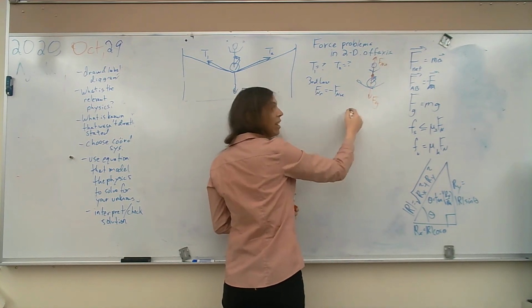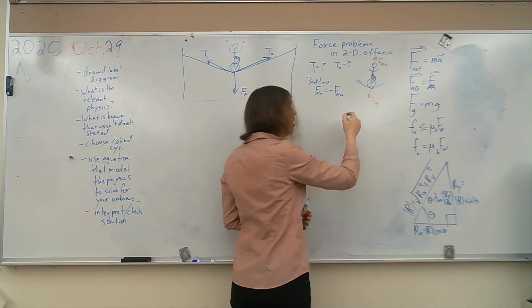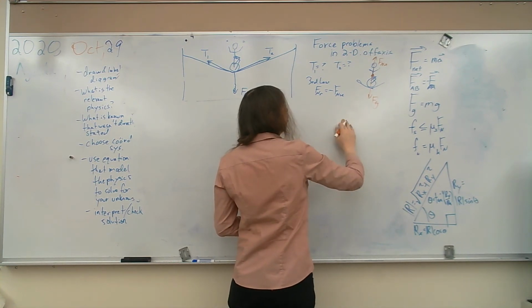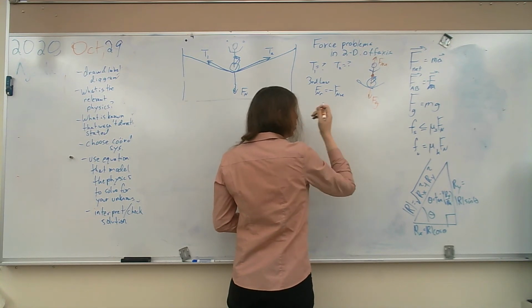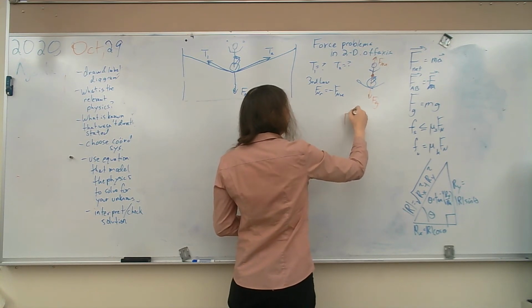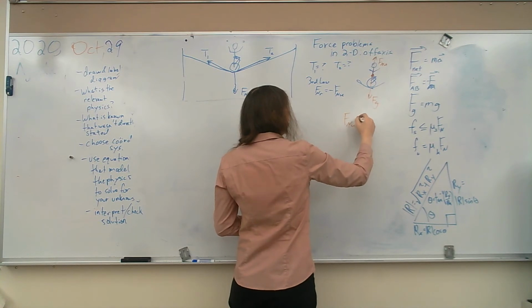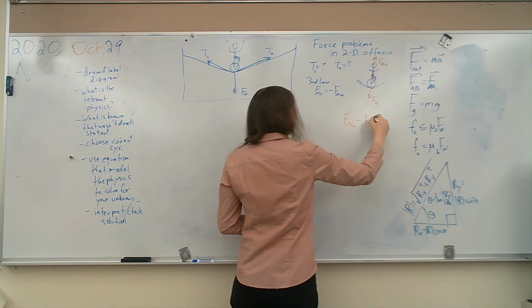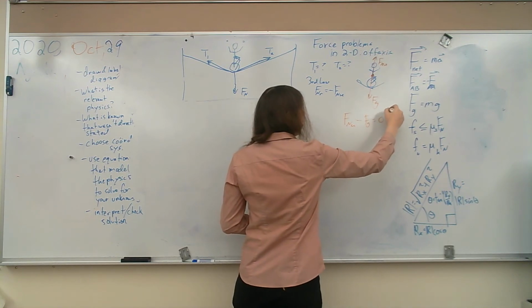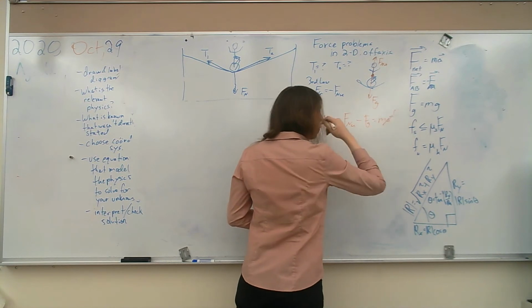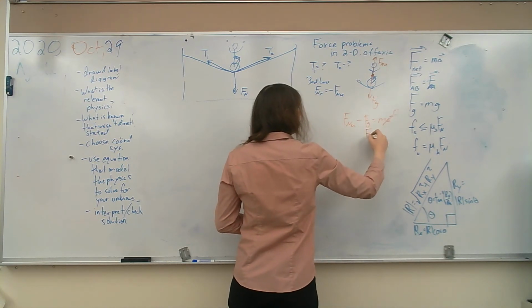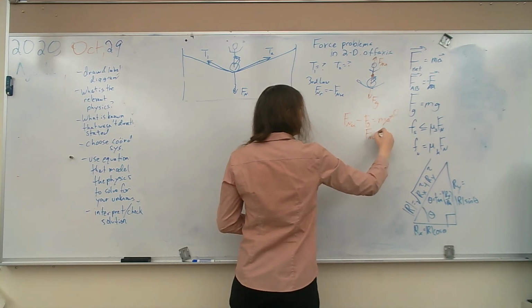And when we look at the second law with him or her or they or whomever, their normal force up minus their weight will have to be 0 if we're in equilibrium, which for this problem we're going to assume that we are.